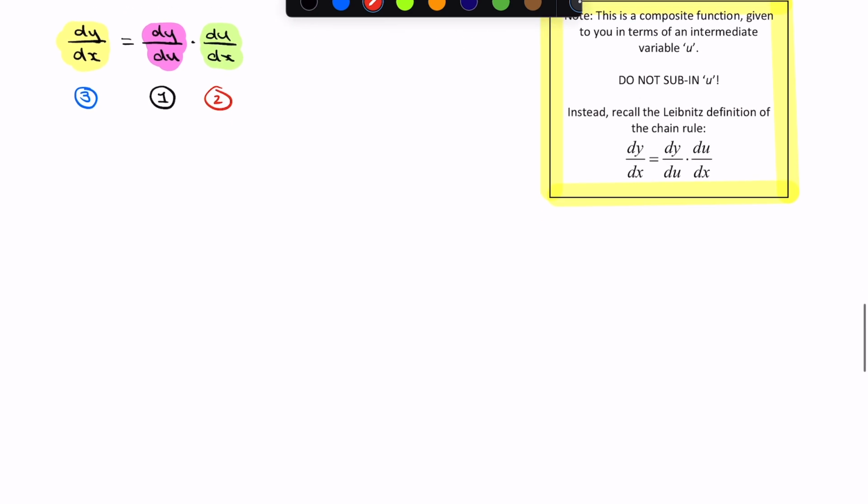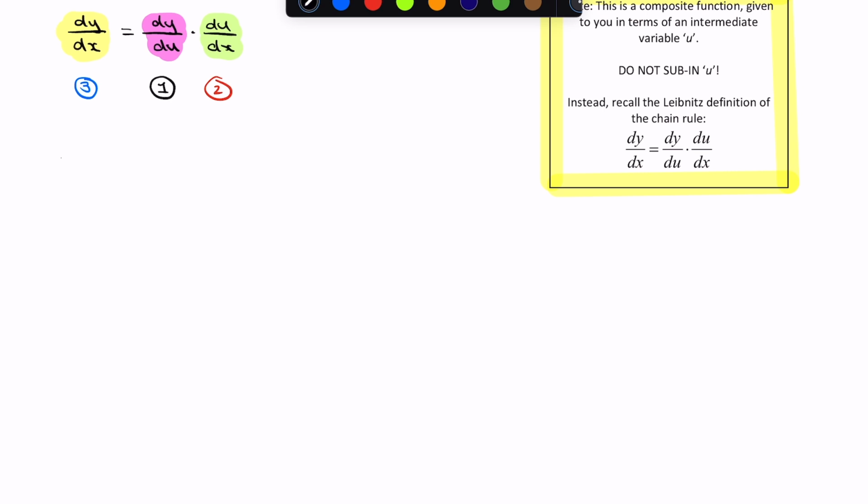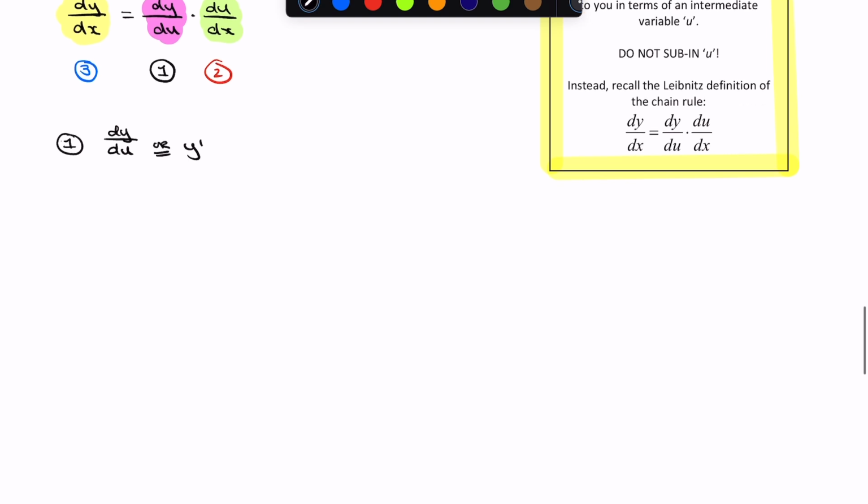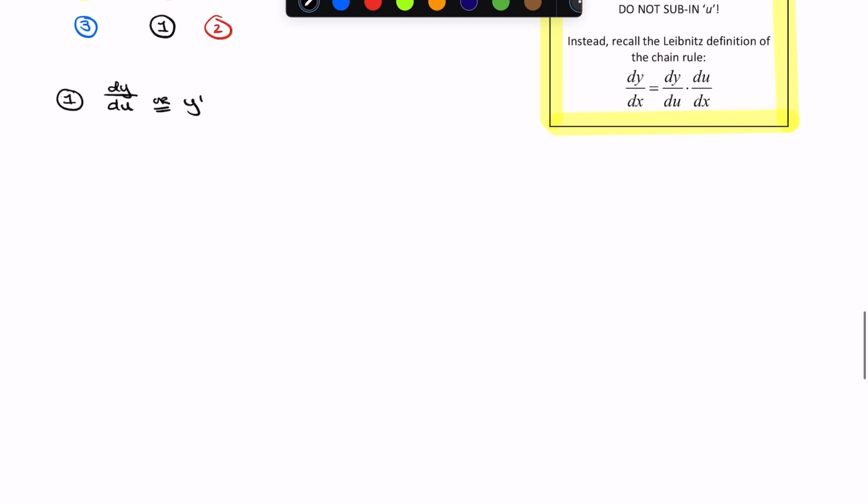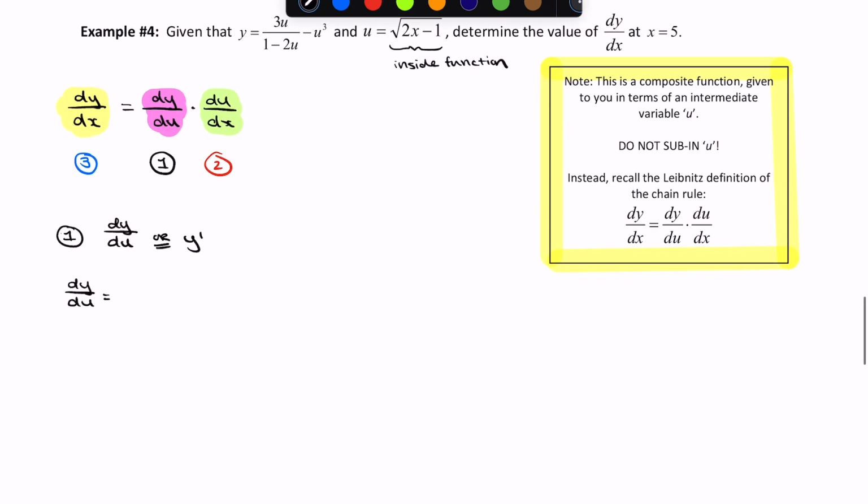Okay, so let's start with number 1, which is dy over du, or just y prime. Let's find y prime. dy over du is equal to, if we look at our original expression, we're using the quotient rule.